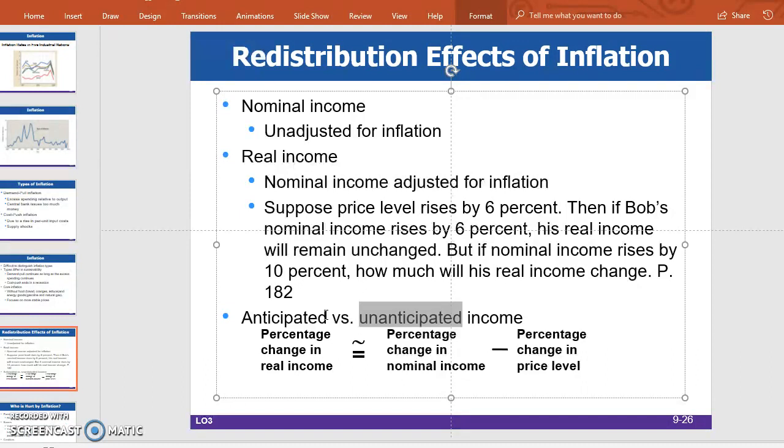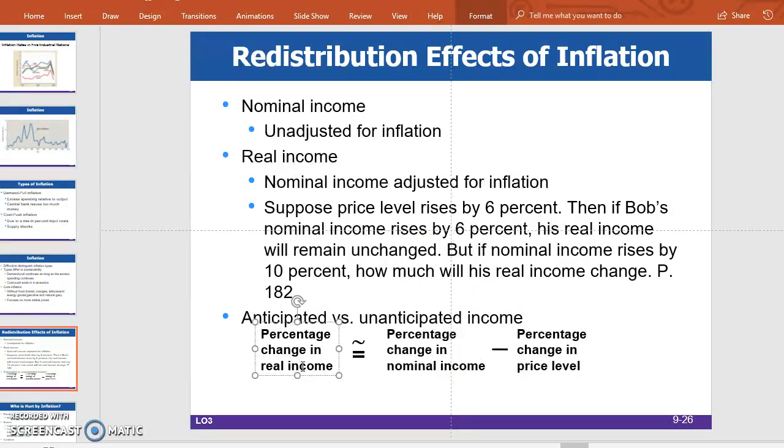So that is unanticipated inflation. Now we have to adjust this. The percentage change in real income will be equal to the percentage change in nominal income after we adjust for percentage change in price, which is the inflation. We have to adjust nominal income for inflation to get real income.